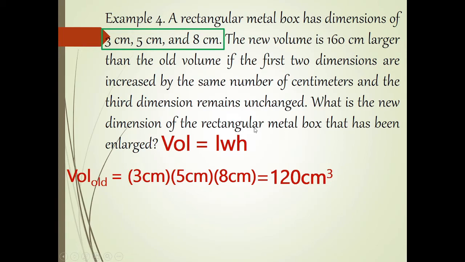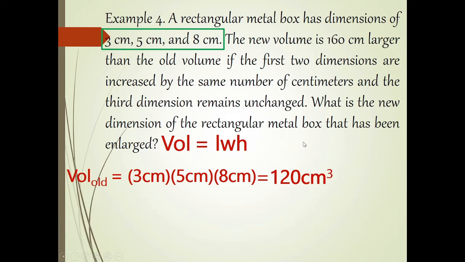Then the new volume, according to the problem, should be 160 cubic centimeters larger than the old volume if the first two dimensions are increased by the same number. We do not know that number.